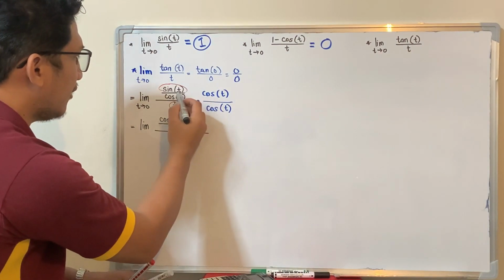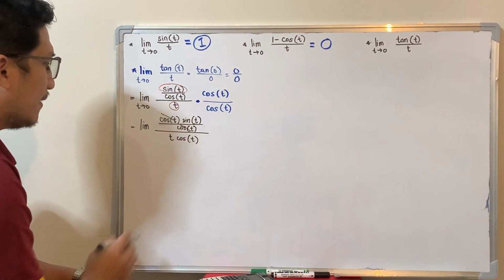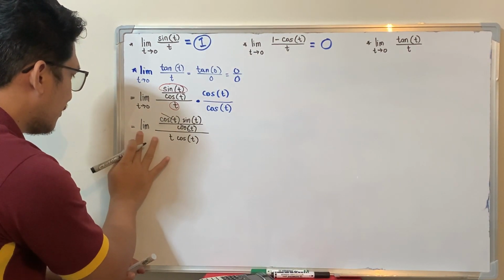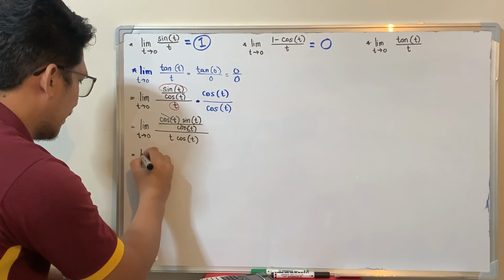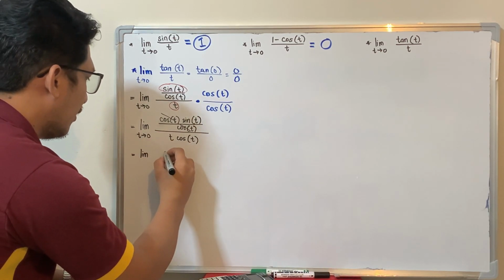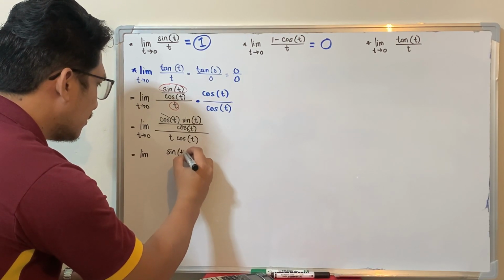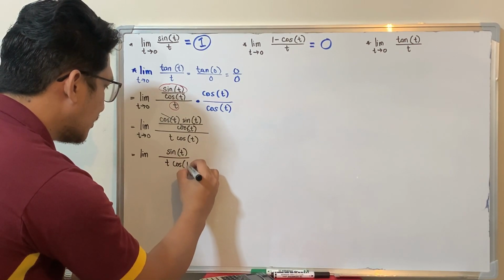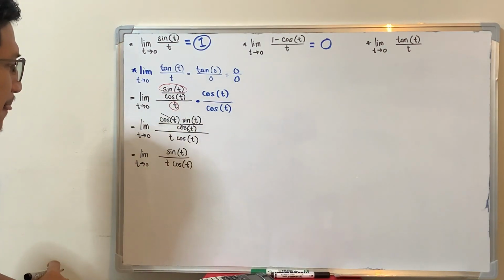From here, you can cancel this out. So what remains is the limit of sine t all over t cosine t as t approaches 0. Same as the last time.